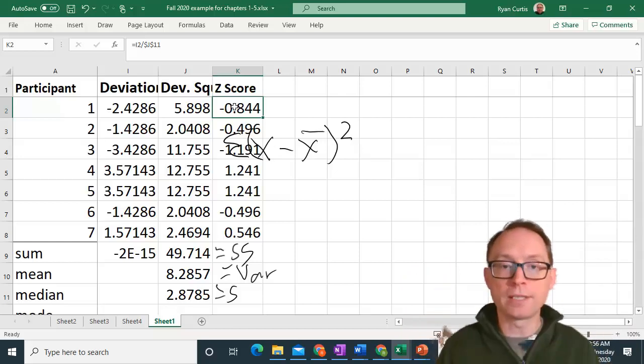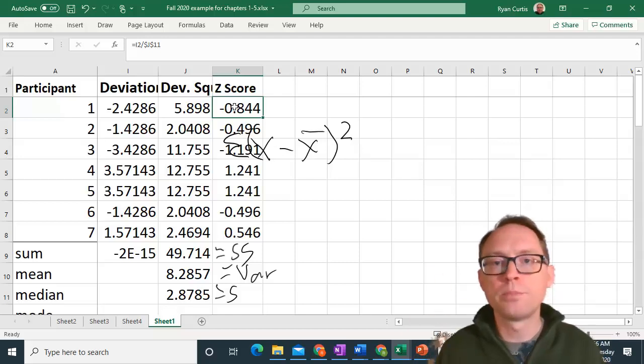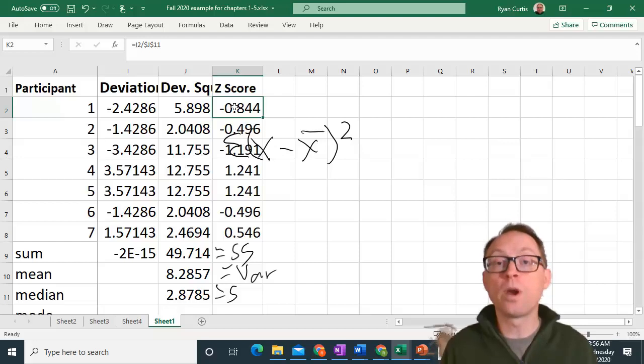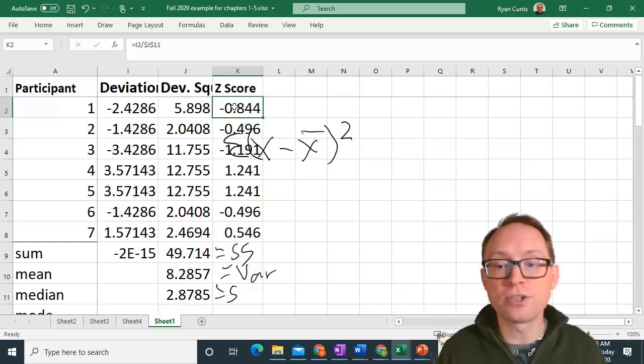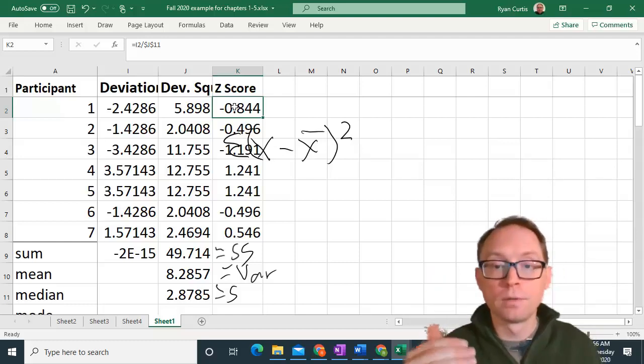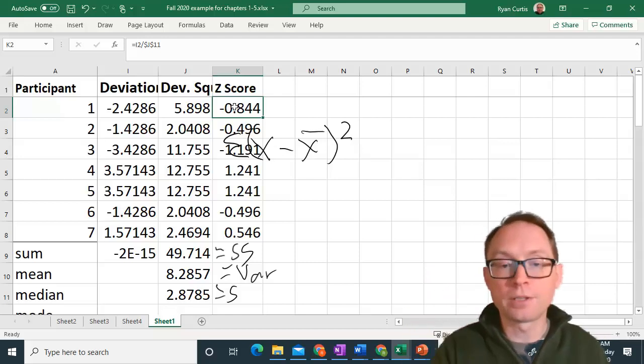Now we're talking about it in terms of z-scores. Ricky Martin's z-score for tenure was 0.6. Participant 1's z-score for liking for donuts is negative 0.84. We understand where that fits on a normal distribution because it's in standard deviations instead of unstandardized scores, years, months, etc.